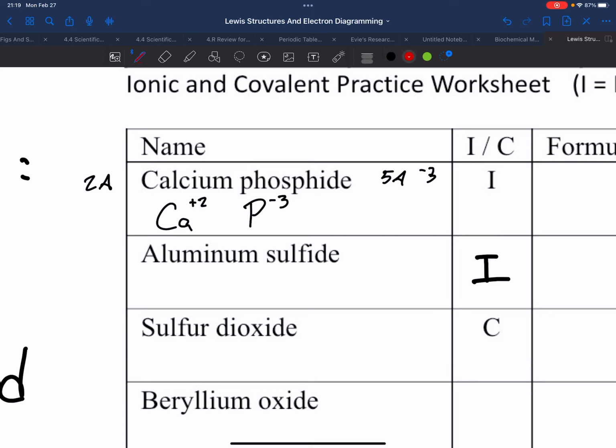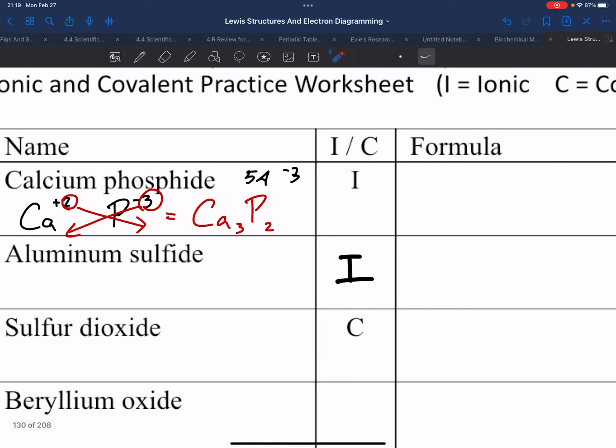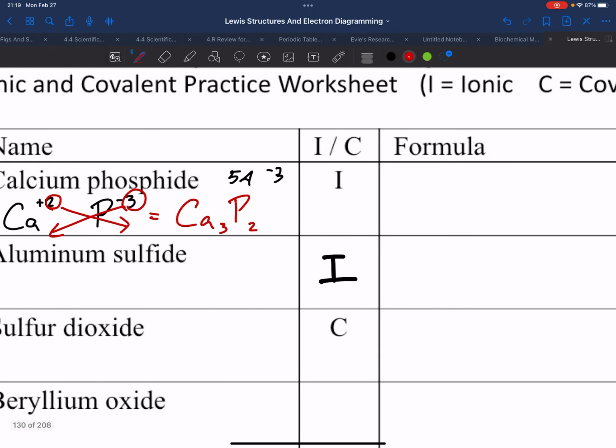We do the crisscross method as always, and we end up with Ca3P2, which makes sense because I now have 3 of these at +2 charge each, 2 of these at -3. So overall it's +6 -6, which balances out. So over here, I have Ca3P2 as calcium phosphide.